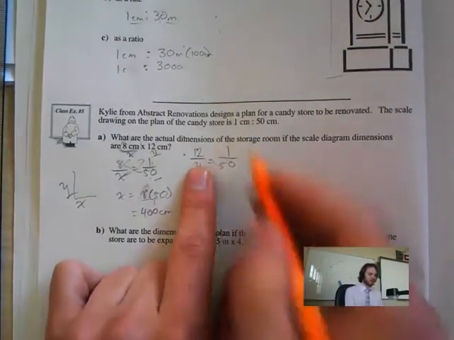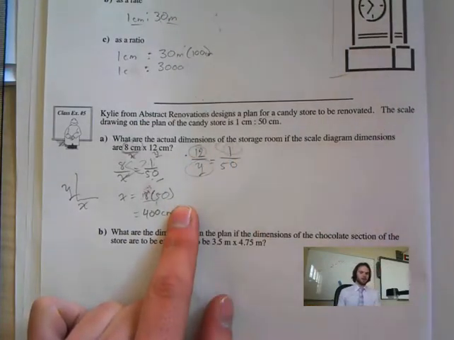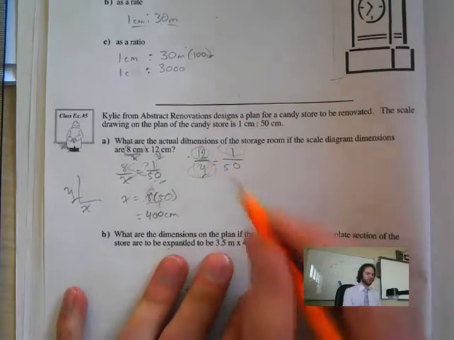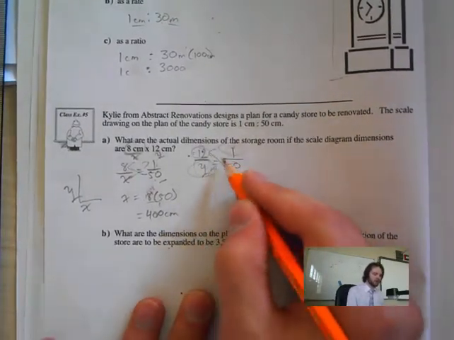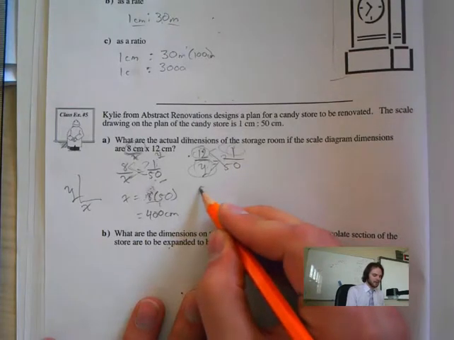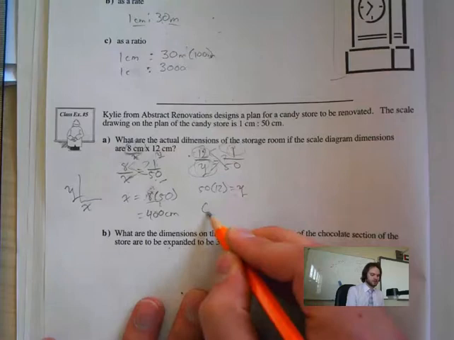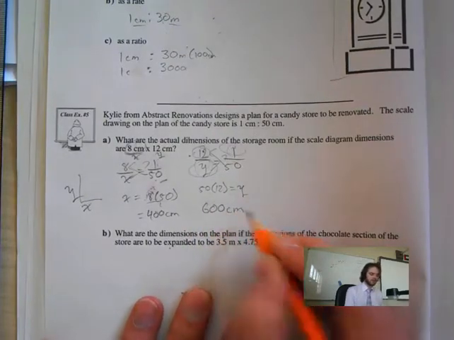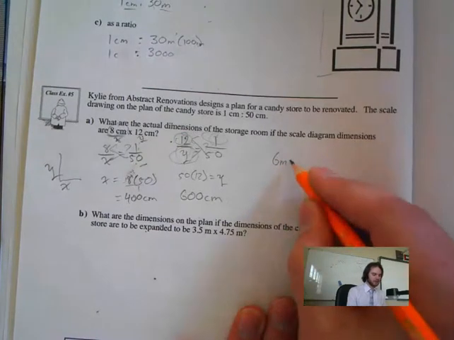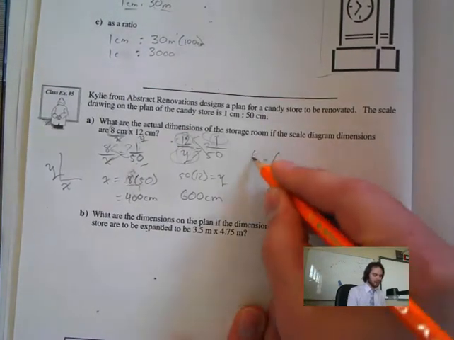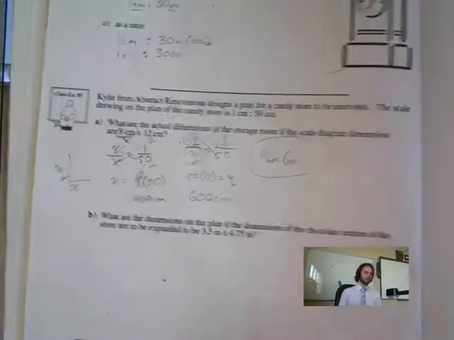So we want to figure out 12 is equal to 1, because this is my 1, and we want to figure out my big, right? So my new. Okay, so there's my scale. So I cross-multiply everything, and I end up getting 50 multiplied by 12 is equal to y, which gives me 600 centimeters. So my actual scale is 4 meters by 6 meters.